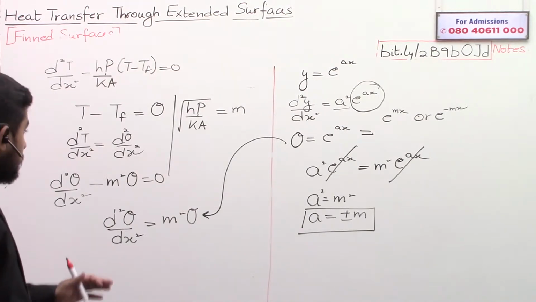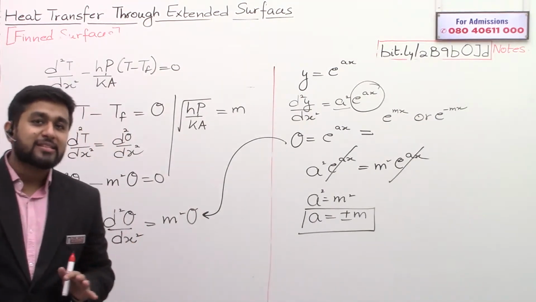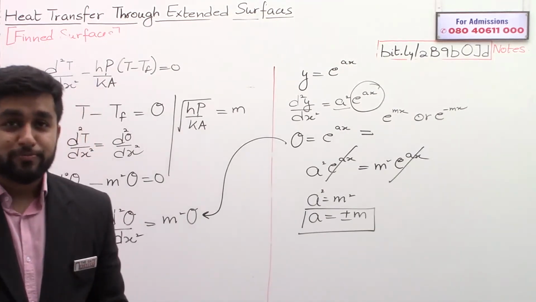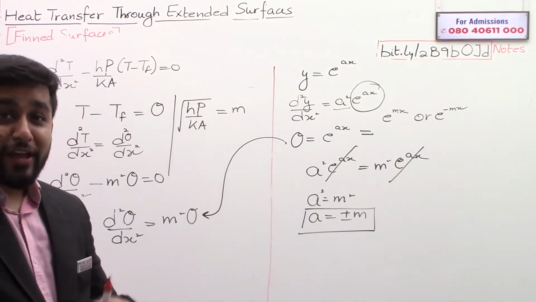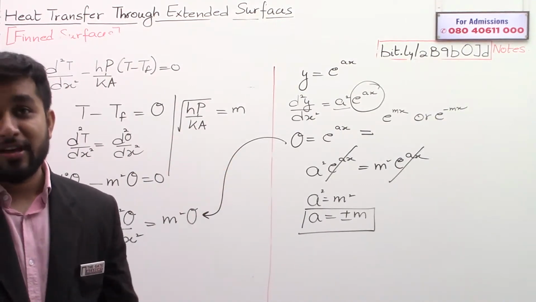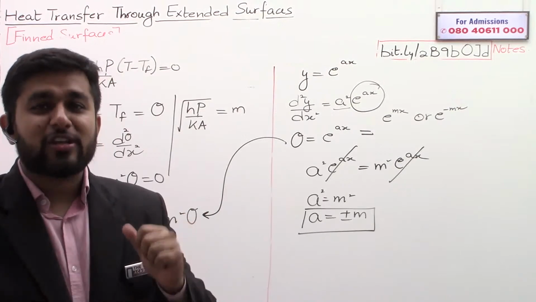I hope it is understood. If anyone has a doubt, please ask in between. So theta is a function of x, e raised to power mx or e raised to power minus mx. Now again go to the theory of differential equations.